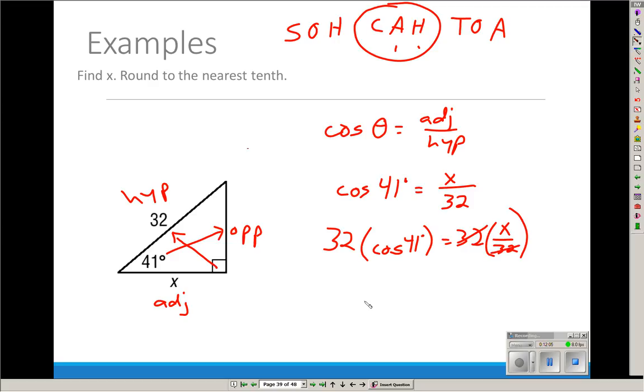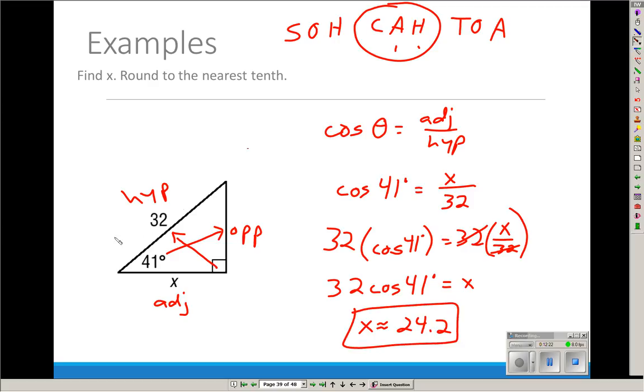Those 32's cancel. 32 times cosine 41 degrees is x, and now we can punch that in. And x is about 24.2.